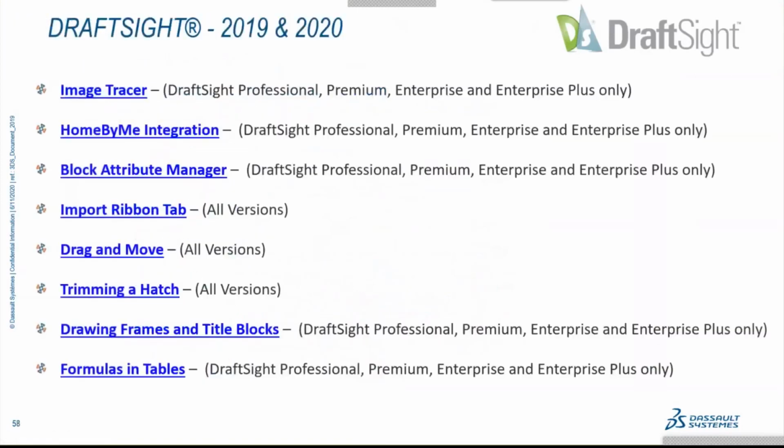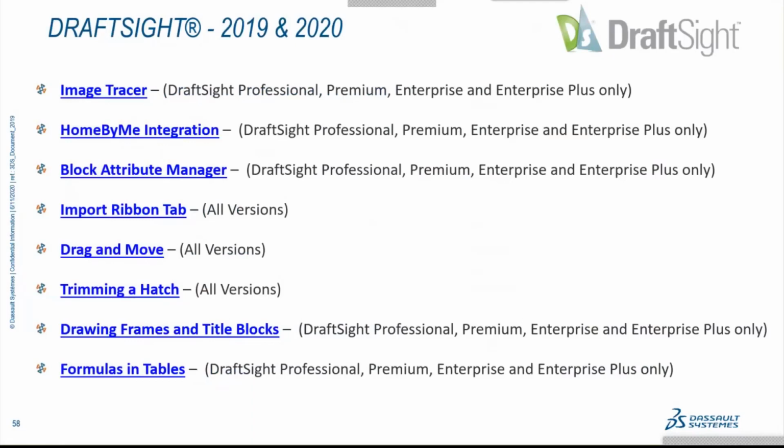We'll get into that in a minute. So in 2019 and 2020, you have these available options. This is just for your view, so you can take a look. You have Image Tracer, you have Home by Me. This tells you what they're in.